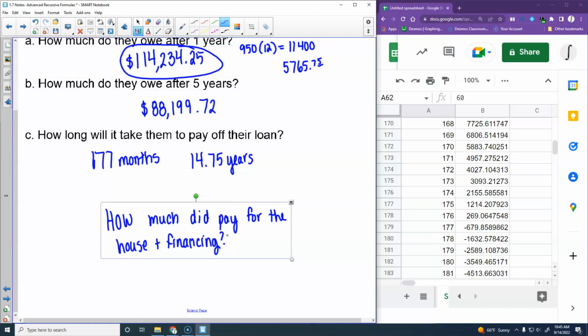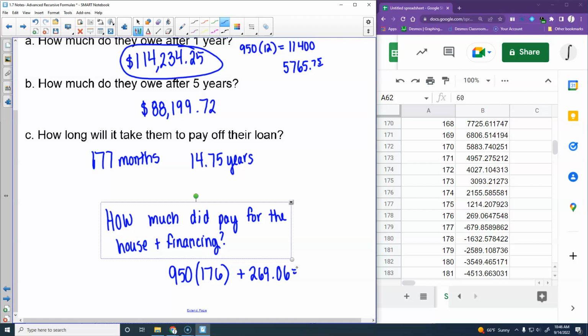They were paying $950 a month. They did $950 a month for, technically, if we want to be precise here, 176 months, right? Because right here at 176, they just owed $269.06. So $950 times 176 plus 269.06.